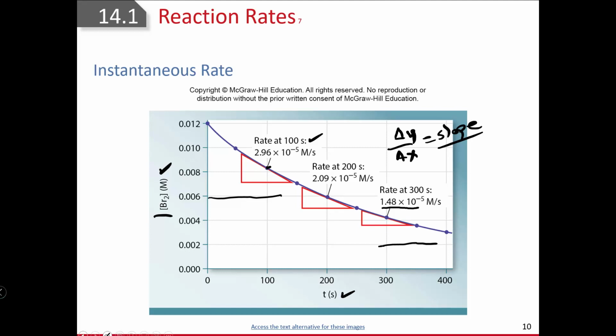When the concentration is high in this region, then the rate of the reaction is also higher. And when the concentration of one of the reactants is low, then the slope is not as steep and the rate is lower. And that's what they want you to see. That's the advantage of plotting it out. You can visually recognize what is going on.